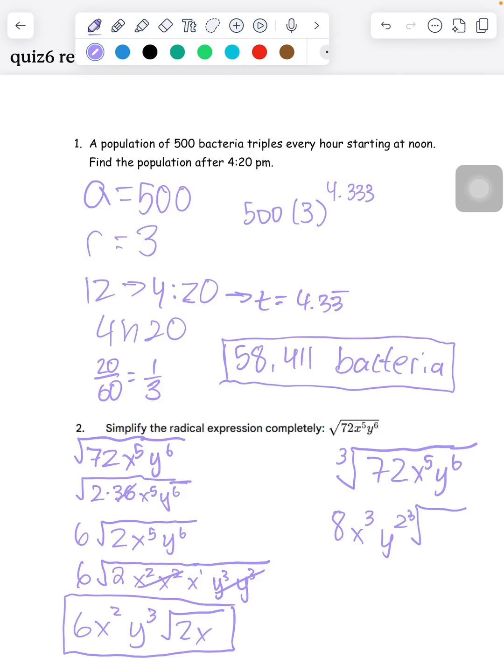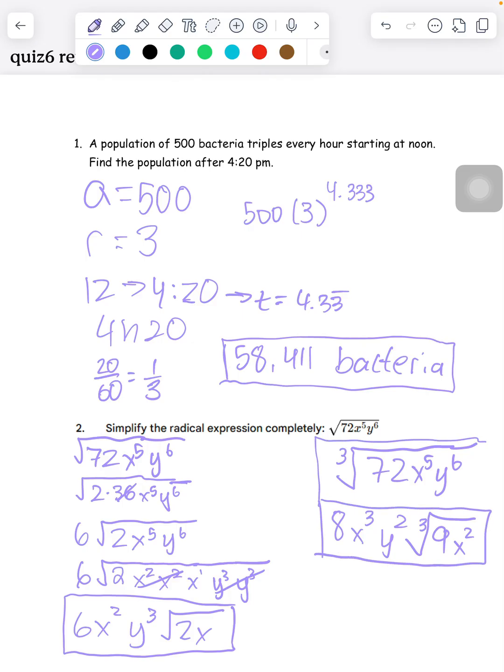and cube root. Sorry, let me move this a little neater. All right, cube root, all right, so I'm going to have remaining in here 9 x squared. That will be your answer if we were taking the cube root of this, right? Remember, this is a new problem, right?